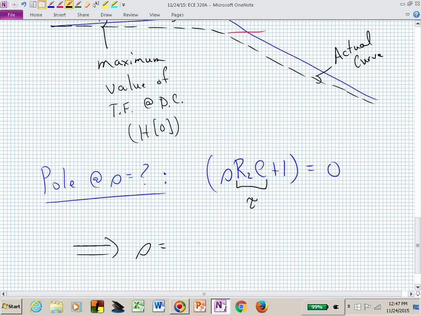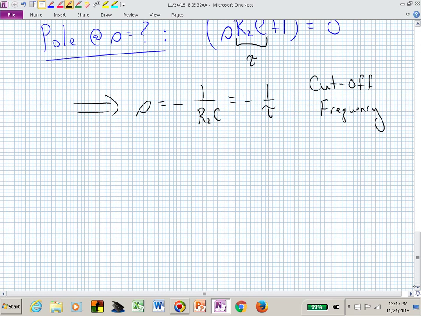If we solve that for S, that is our cutoff frequency or the break frequency. And for this particular circuit, we can compute the DC gain.